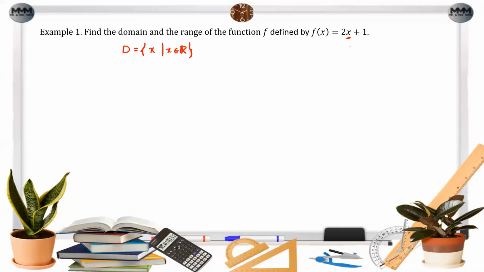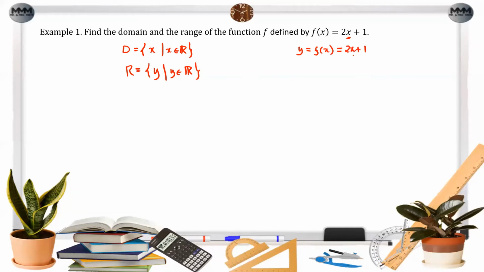I discussed this a while ago. So the range here is the set of the values of y such that y is a real number. So again, as what I have said a while ago, the value of y is the value of our f of x, which is equal to 2x plus 1.